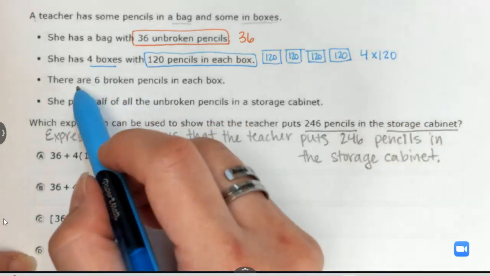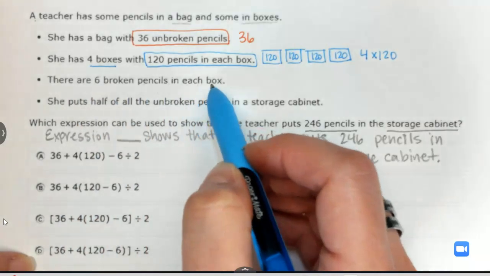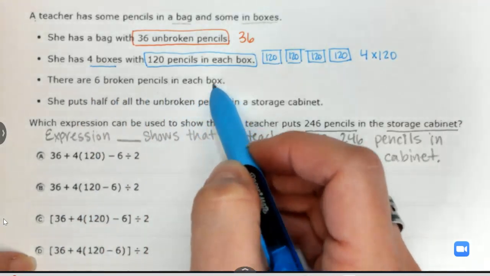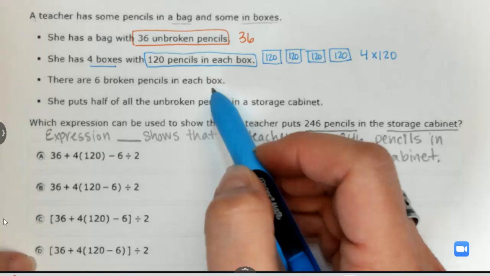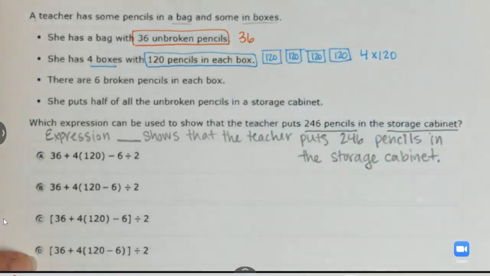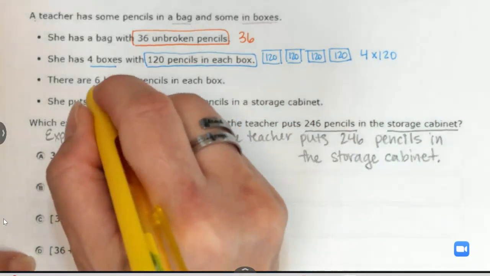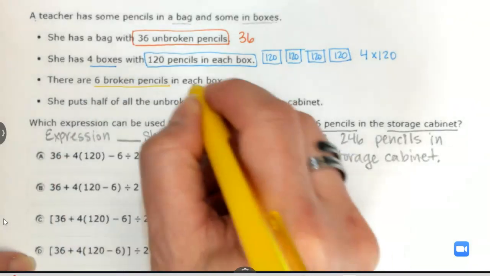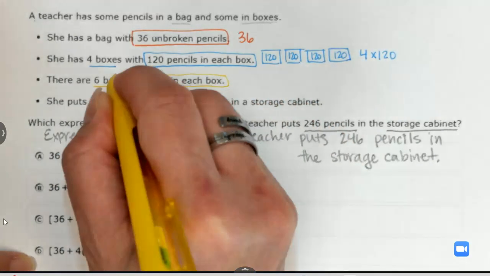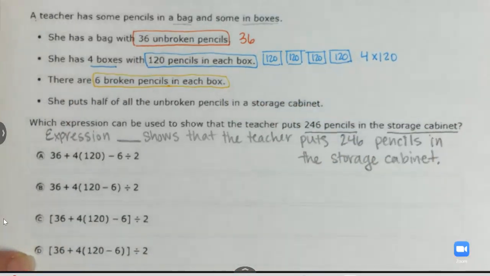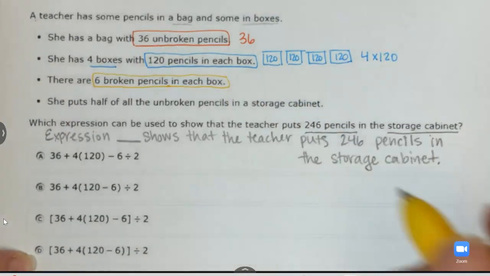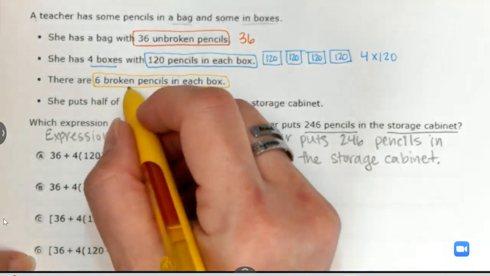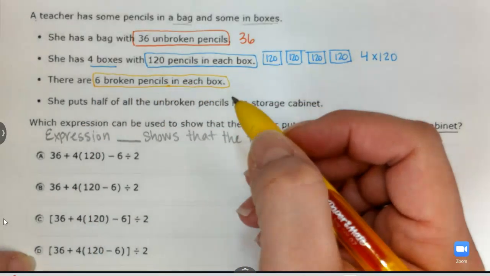Okay. There are 6 broken pencils in each box. Okay, so in each one of these boxes, there are 6 broken pencils. The teacher doesn't want to keep broken pencils. If we're going to be saving pencils for later, we're going to want ones that are unbroken. So broken pencils, I'm not going to want to keep them, we're not going to use them.